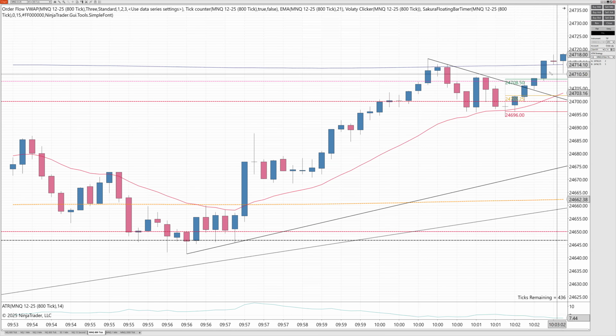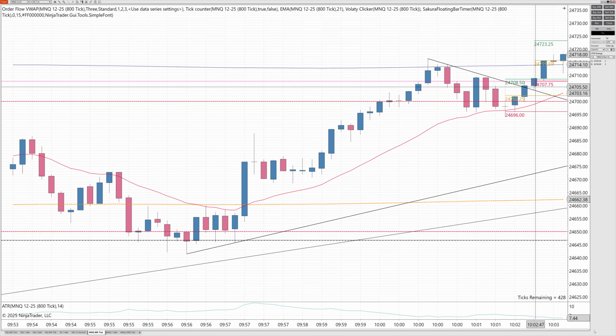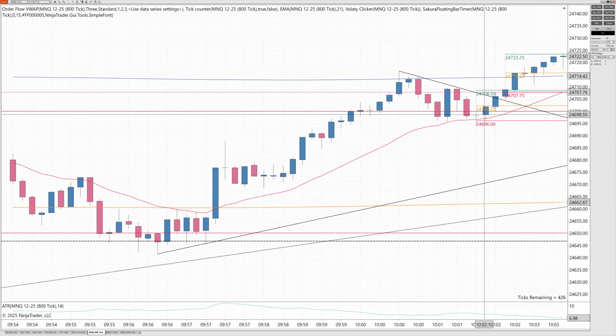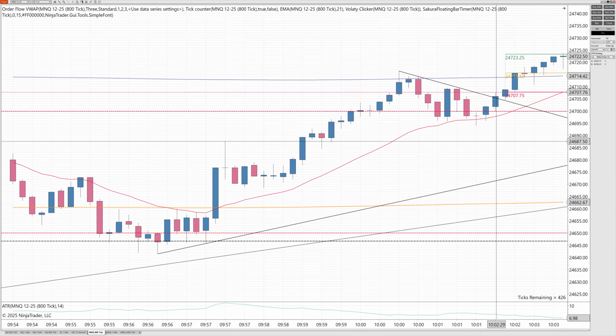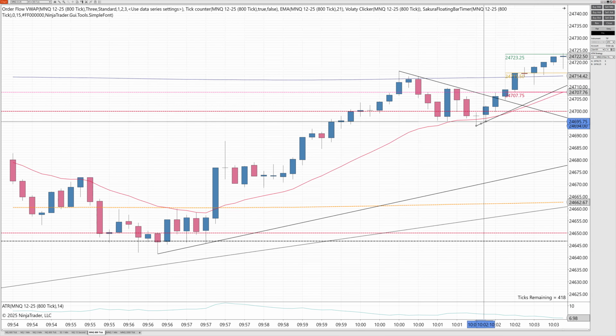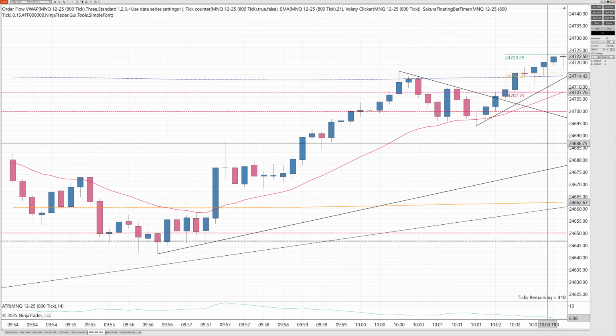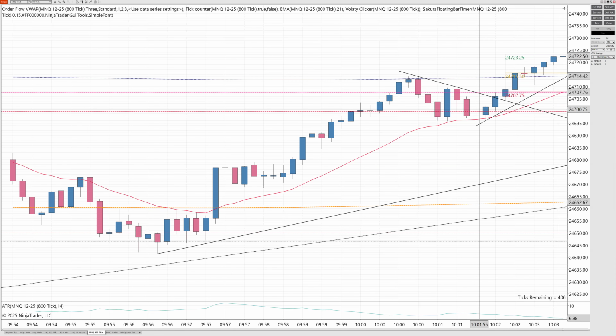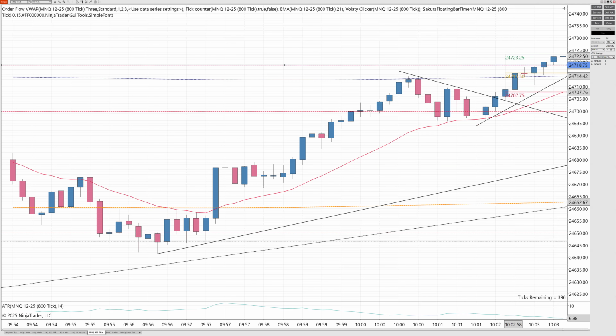So you could potentially take this trade higher as well. And it did end up working. And I'm not sure if it went up and then came down. If that's the case, I think the runner at this point would have been taken out right about there.